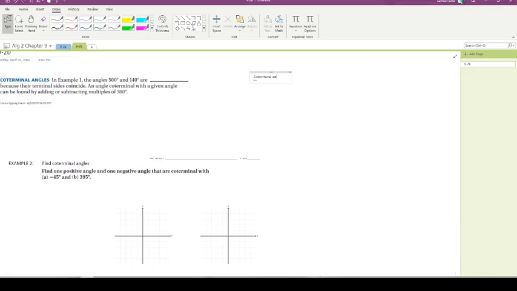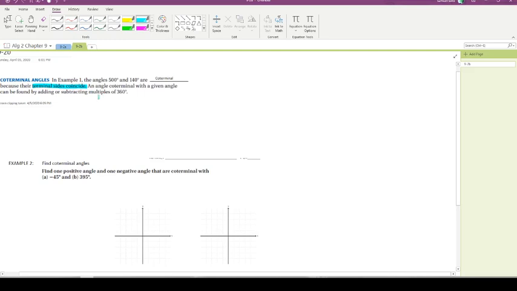So in example 1, the angles 500 and 140 are coterminal because their terminal sides coincide.